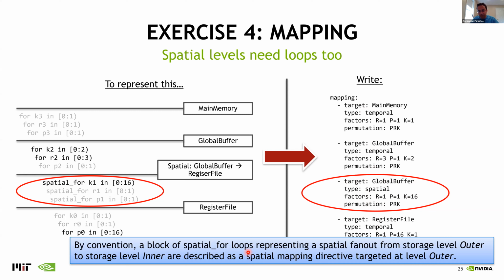By convention, a block of spatial fors representing a spatial fan out from an outer level to an inner level is described as a spatial mapping directive targeted at the outer level. So in this case, the spatial mapping goes from the global buffer into the PE register files, and that's why we say that the target for this is the global buffer. It's a convention. We could have made it more explicit, but we didn't. This is nice and compact.